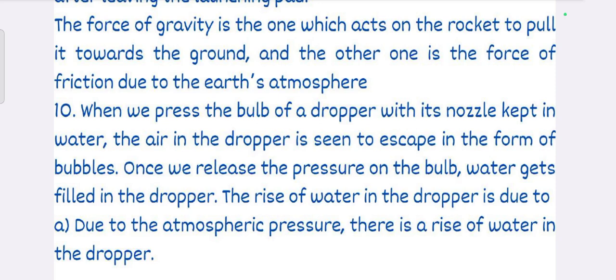Once we release the pressure on the bulb, water gets filled in the dropper. The rise of water in the dropper is due to what?